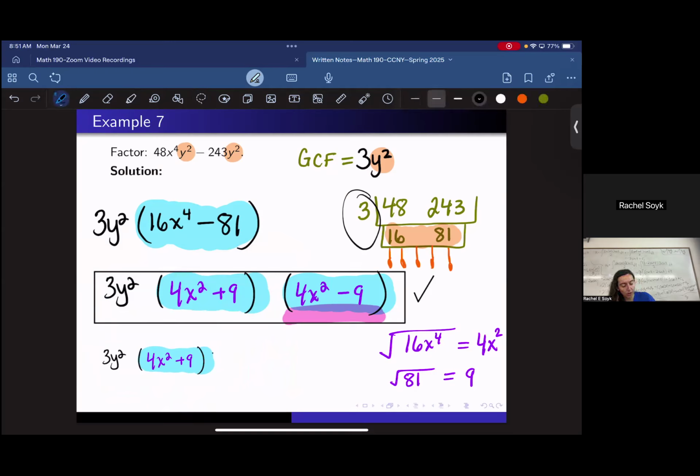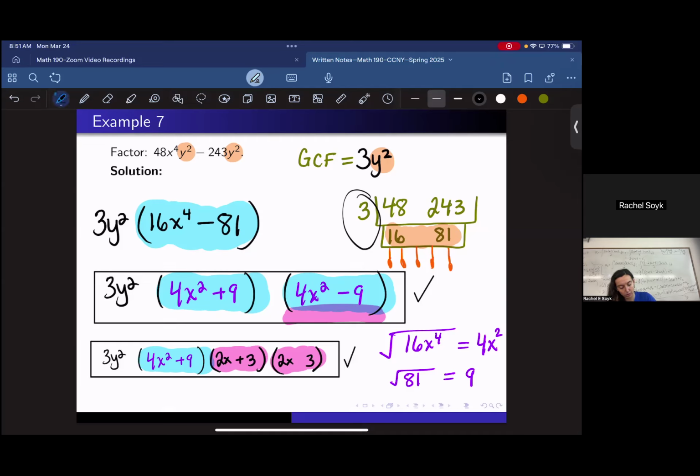But this whole 4x squared minus 9 can be broken up into what two binomials? What's the square root of 4x squared? 2x. And then what's the square root of 9? 3. So now we finally arrived at our fully simplified result.